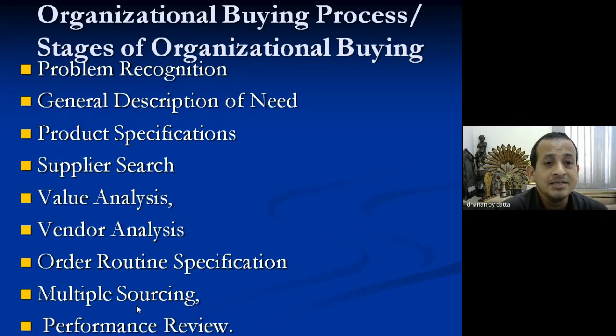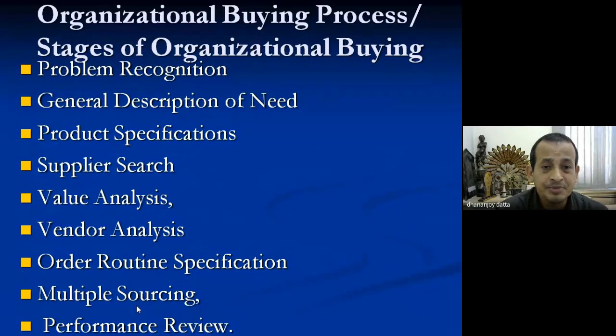Then the third is product specification. In this stage, the product specification is decided. This is a very important stage. Companies decide what specification of goods they require. Like if it is a school bench being bought, what will be the length, breadth, and size of the bench.